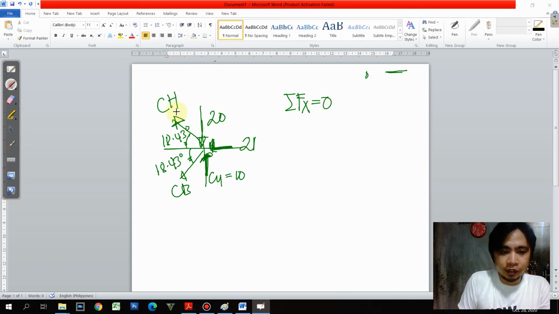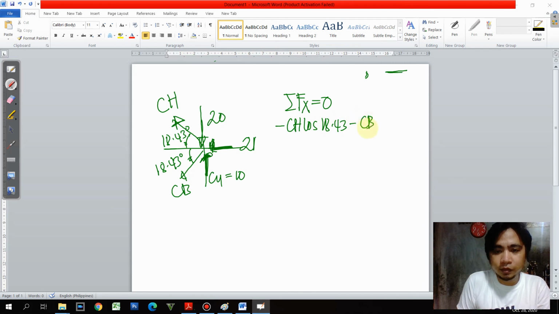We have negative CH times cosine 18.43, and then another minus CB cosine of 18.43, that is leftwards, and then minus 21 is equal to 0.